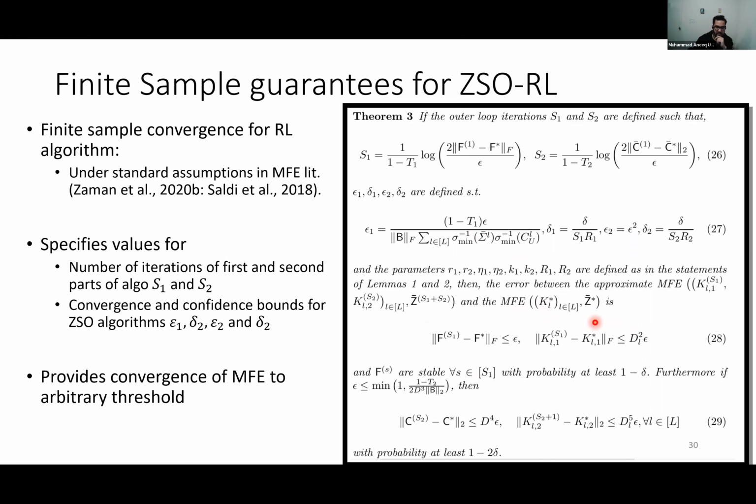And then if the epsilon convergence of the linear part is small enough, then we can also get epsilon convergence for the offset parts. So this is the main result of the paper. And in essence, it relies on the contraction mapping property of the mean field update.